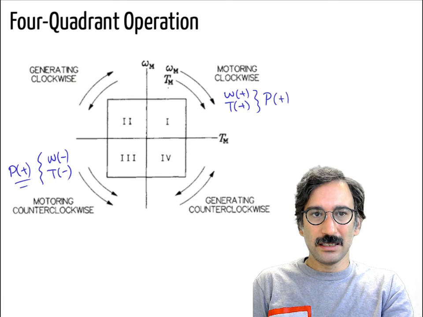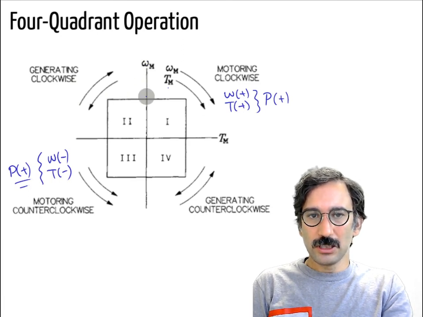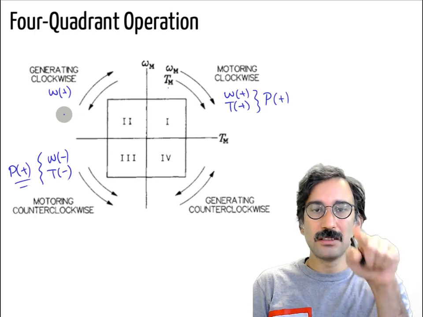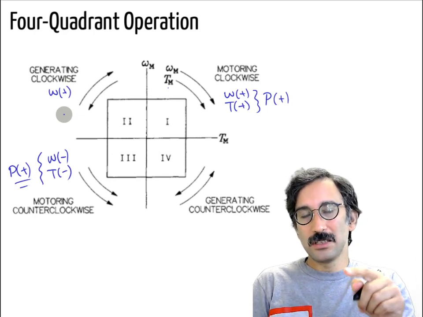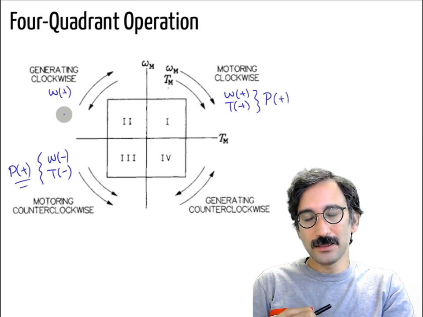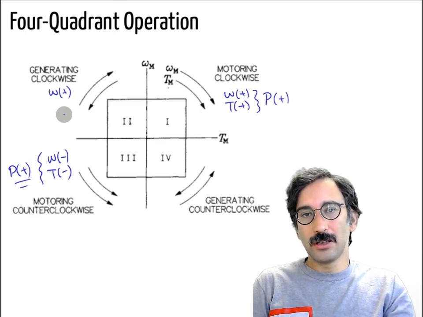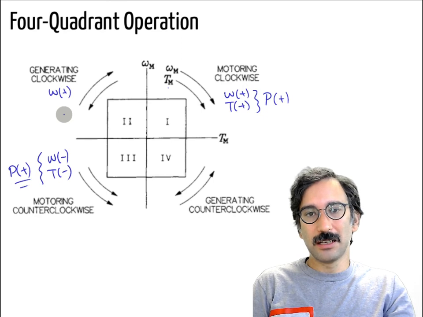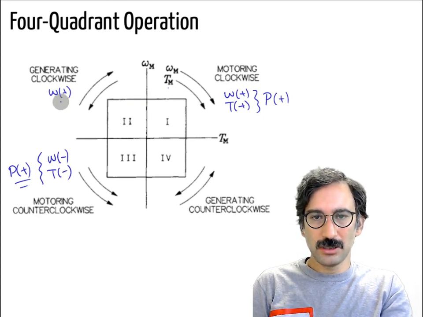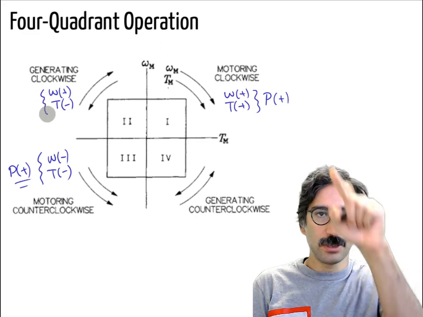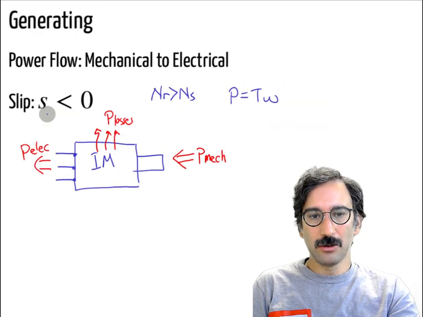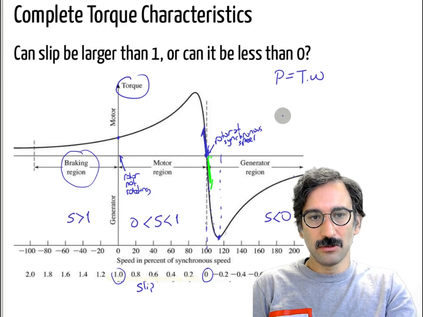In the generating mode, speed can be positive. Instead of rotating at 1000 rpm synchronous speed, let's say a 6-pole machine, maybe you are running at 1100 rpm. So your speed is positive, but in this case your torque is negative because you are operating somewhere here.